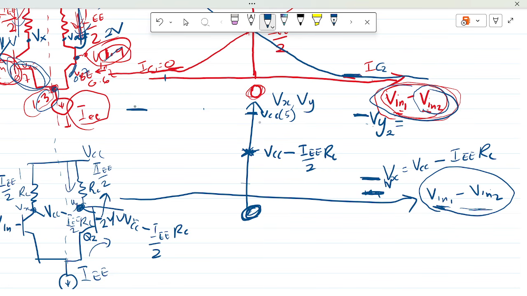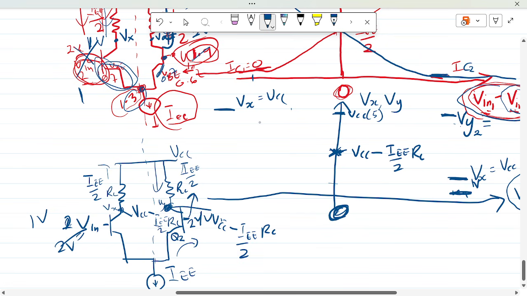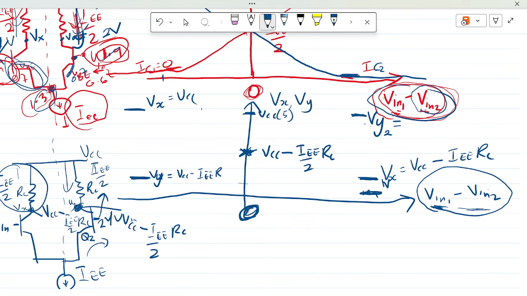So this time I'll get Vx being equal to VCC, because the current in this branch is going to be 0, and Vy would be equal to VCC minus IEE RC. Okay, so we can join them up and have a nice curve here.